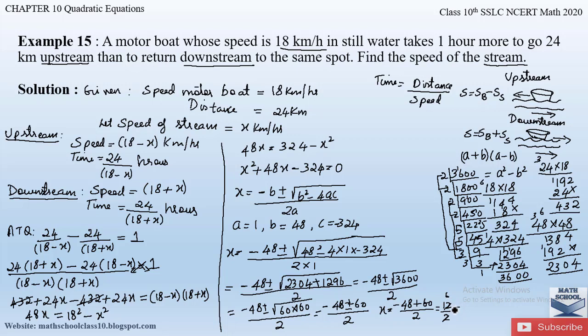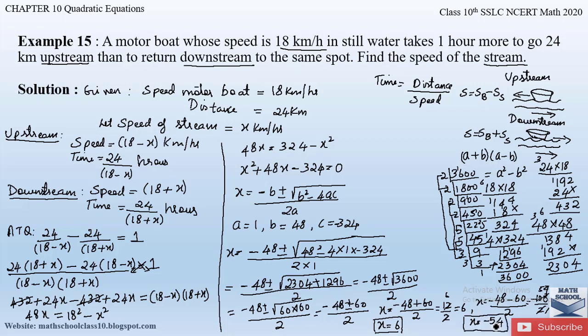So we got x is equal to 6, and second root will be x is equal to minus 48 minus 60 divided by 2. We will have minus 8 here. 8 plus 0 is 8, 6 plus 4 it is 10. So 108 divided by 2. So 2 1 times, 2 5 times, 2 4 times. So it is minus 54. So we got x is equal to 6 and x is equal to minus 54.